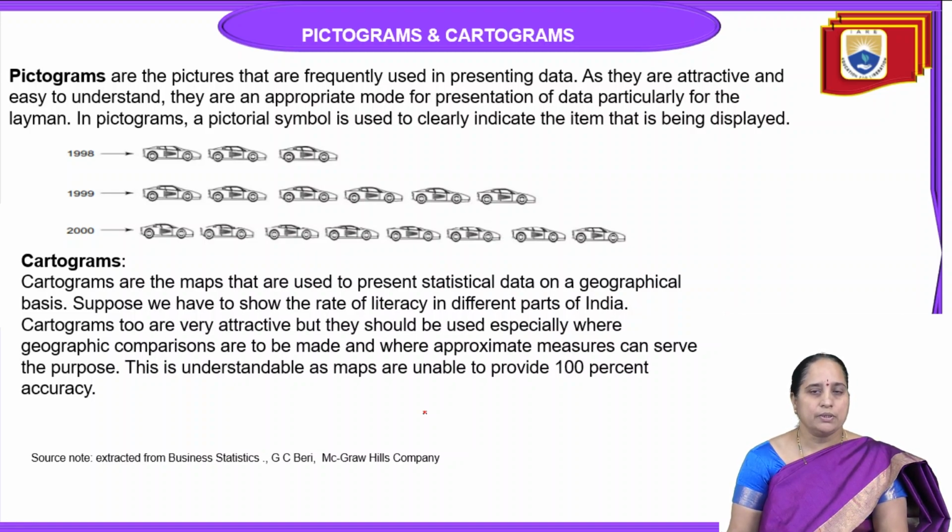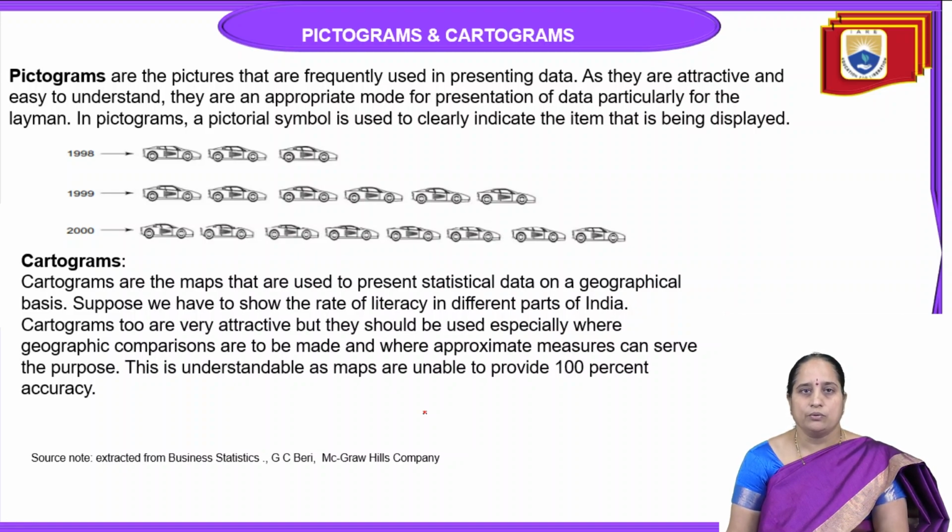So in pictograms, pictorial symbols are used to clearly indicate what item you are going to display to the viewer. For example, if you are talking about the production of automobiles over a period of time for the last 3 years, we can show it in the form of pictures of cars.